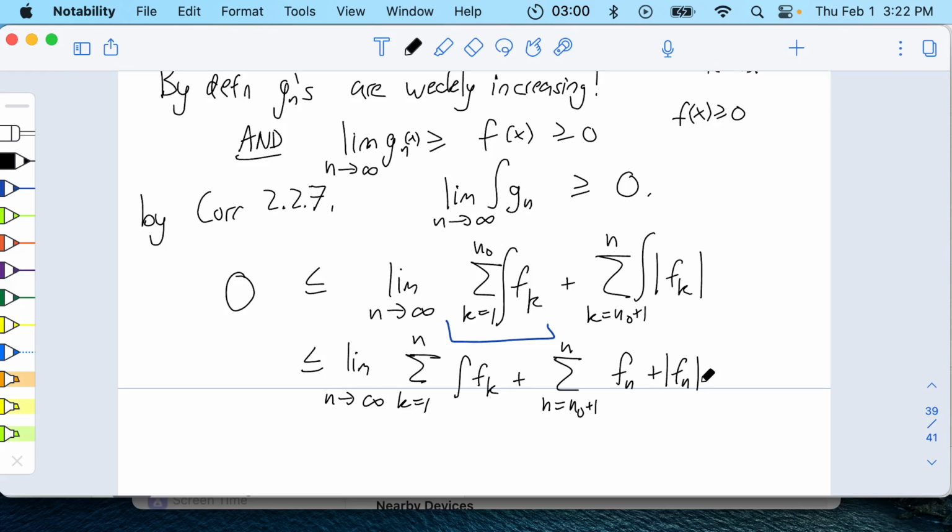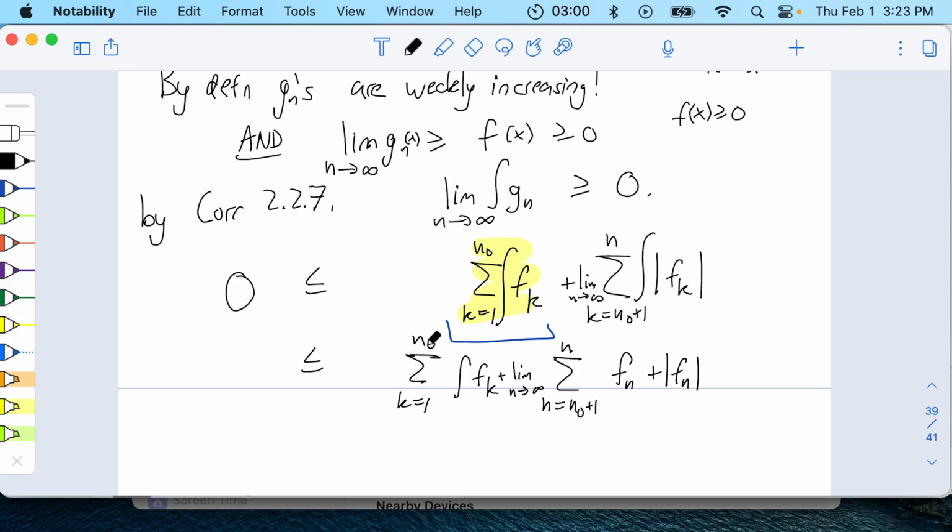Okay, yeah, all right. Look, I'm writing something silly here. This part doesn't depend on n at all. There's no n's here. So the limit might as well move over here. The limit as n goes to infinity. Okay, great. And then I can just delete this and put that over here. The limit as n goes to infinity.